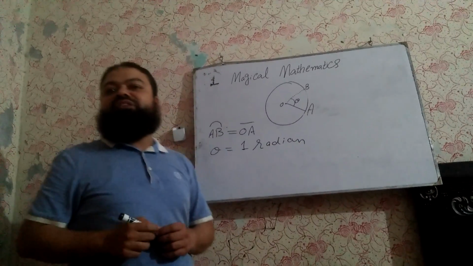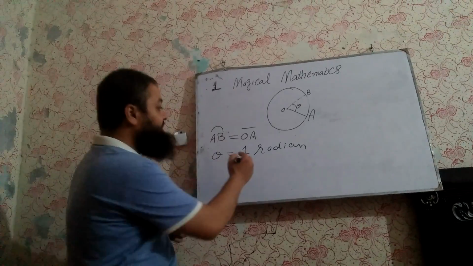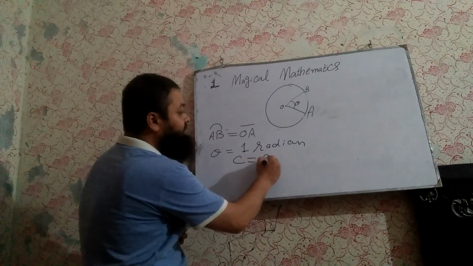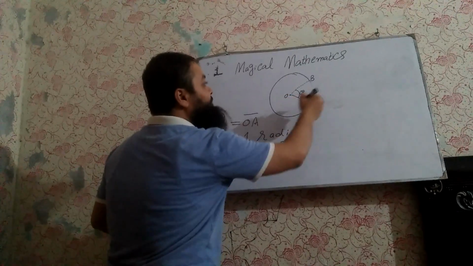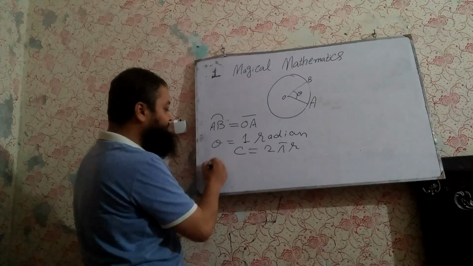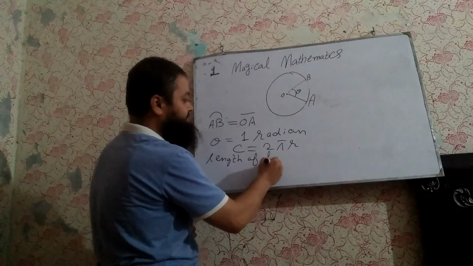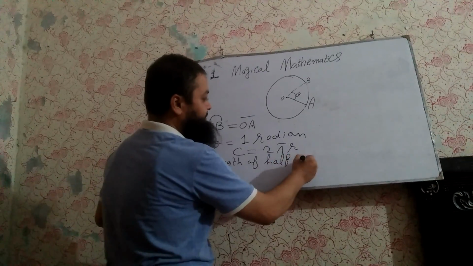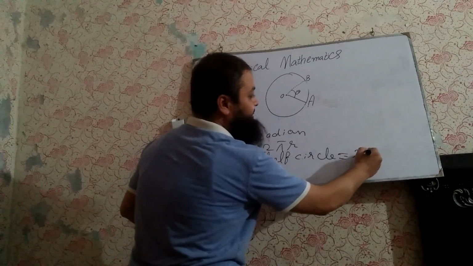This is the property of the circle, and as we have studied in the previous classes, the circumference of the circle is always 2 pi r. The outer boundary of a circle is always 2 pi r, and the length of half circle is pi r.